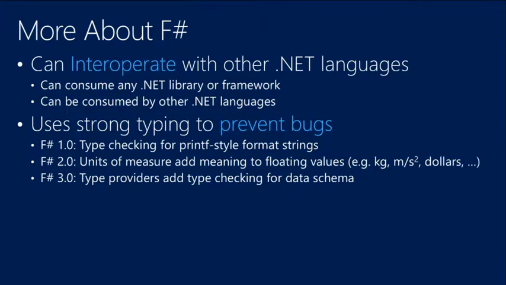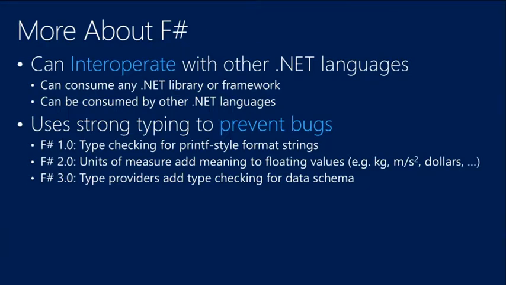And then another point about F#, and this is one of the things that people truly love about the language, is that it uses strong typing to prevent bugs. That earlier quote that I showed, that F# encourages reason-driven development where you write code that is bug-free. The reason people feel that happens is because F# catches so much when you're writing your program. So many bugs that other languages would leave for runtime, F# will find at design time and compile time.